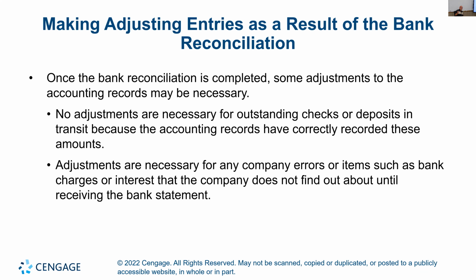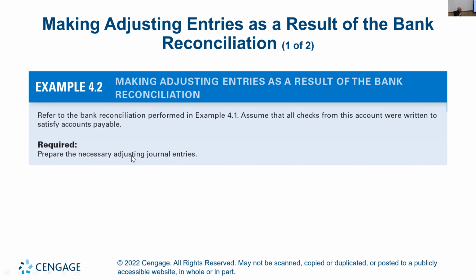No adjustments are needed for outstanding checks or deposit in transit because, like I said, we've already recorded that. The adjustment just needs to be made to the bank account side to make sure they're right, and we'll make that adjustment on their end when they actually get the stuff. But we do need to make adjustments for any errors or charges or interest that's come from the bank that was not previously recorded. We do need to get them into our accounting system.